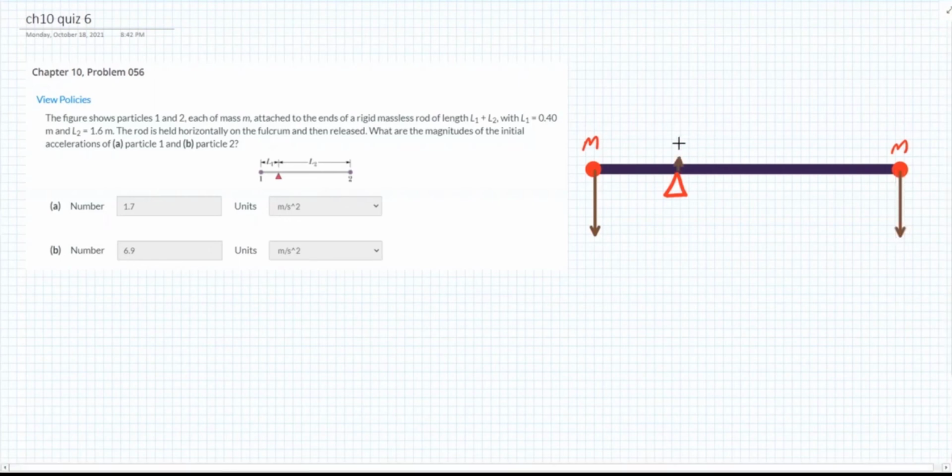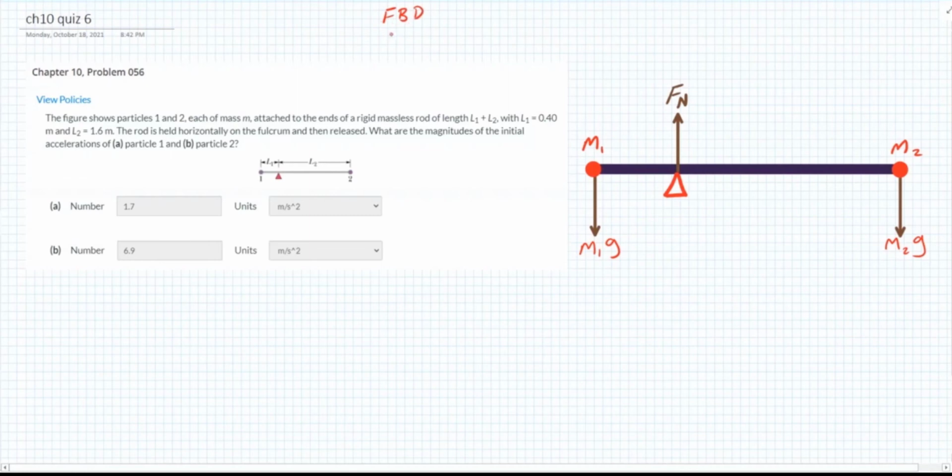Normal force right here. Even though they're the same mass, I'm going to label this M1 and this M2. So this is M1G, this is M2G. All right, so how's my checklist doing? My free body diagram, I think, is done.